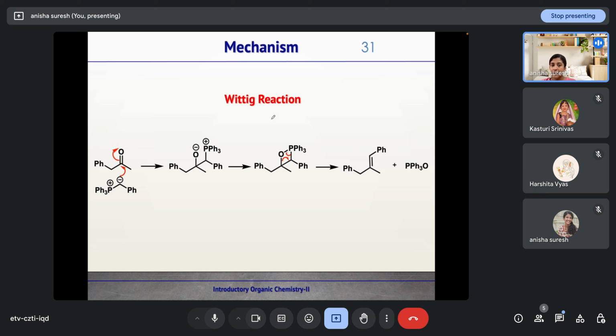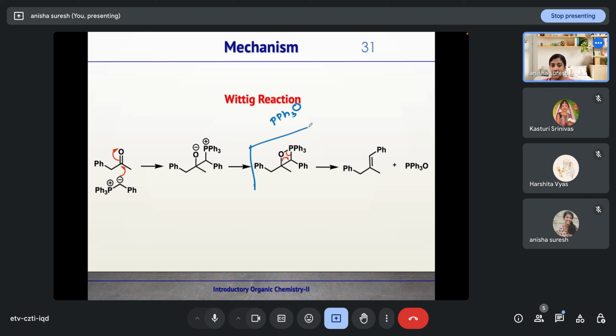Now PPh3=O formation will be more favored. Phosphorus and oxygen bond will be more stronger. So this bond will cleave in this fashion, leading to formation of alkene, and PPh3O will be the byproduct. Clear?